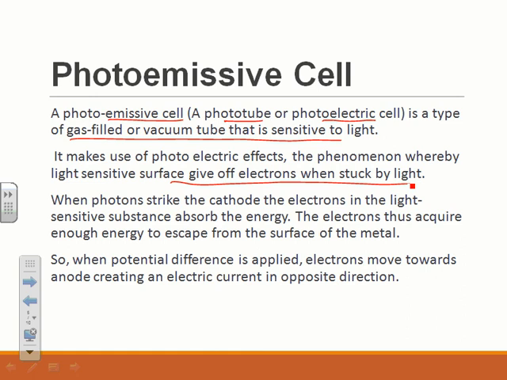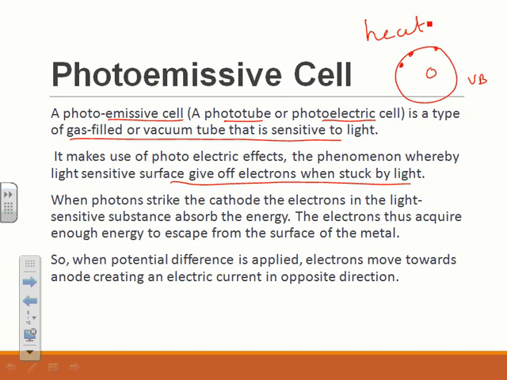As we know, the outermost orbit of an atom is called the valence band, and the electrons in the valence band can escape, or we can remove them from the valence band, by applying some energy, either heat energy or light energy.